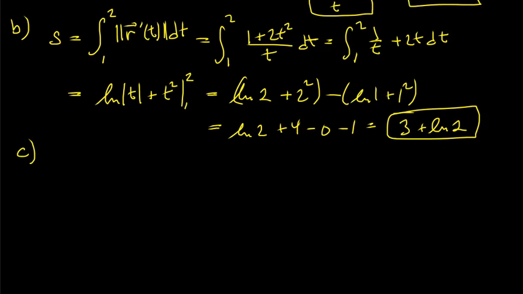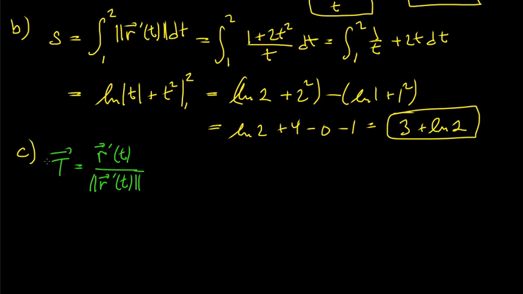Okay, so for the unit tangent vector, I think you probably remember that as just the velocity, which doesn't have to be a unit vector. So to make it a unit vector, we normalize it. We divide by its magnitude.